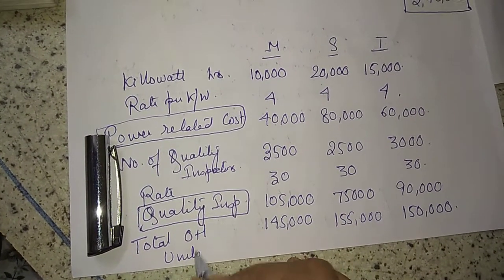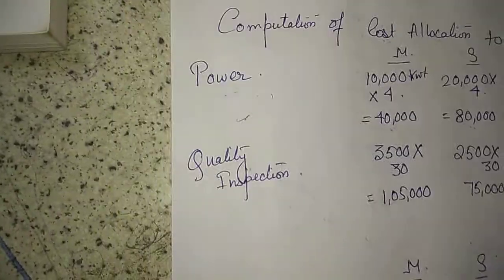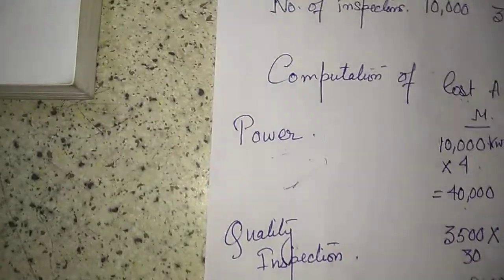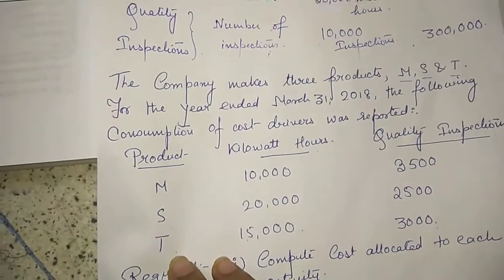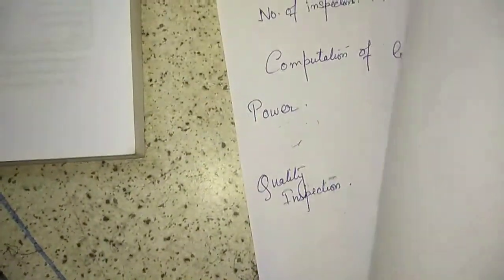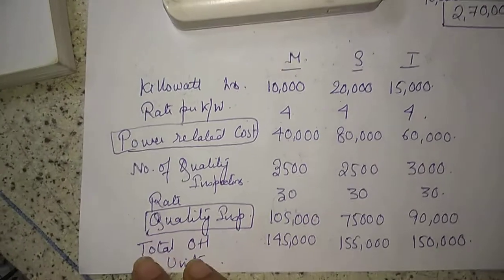Units. Is the number of units of product M given over here? Otherwise we cannot find out the cost per unit. No, the number of units produced is not given over here.